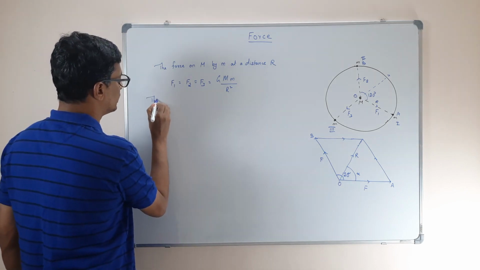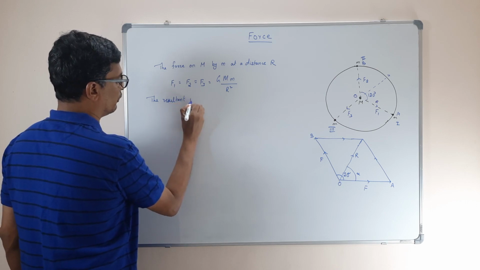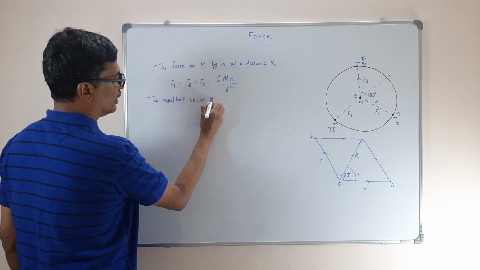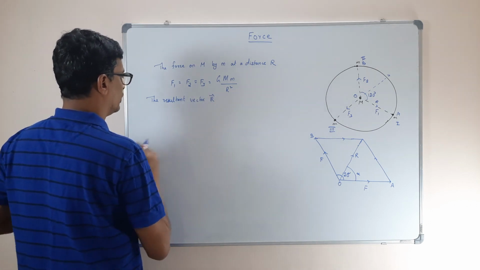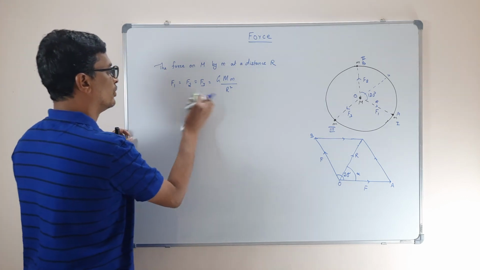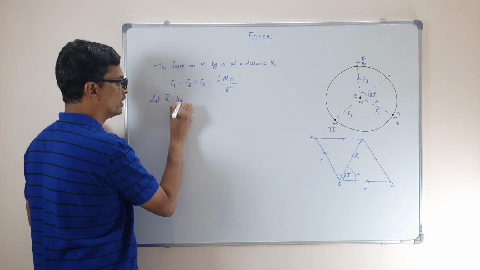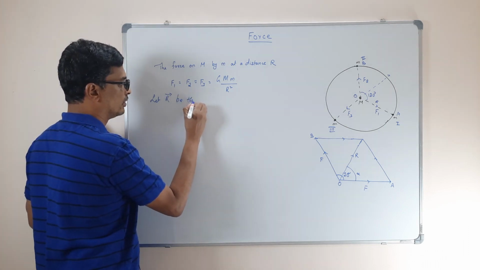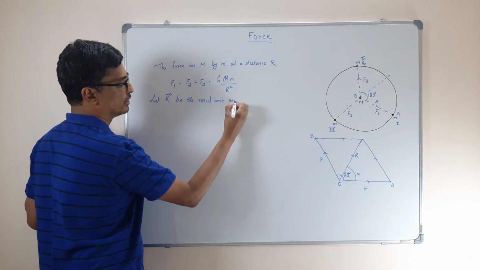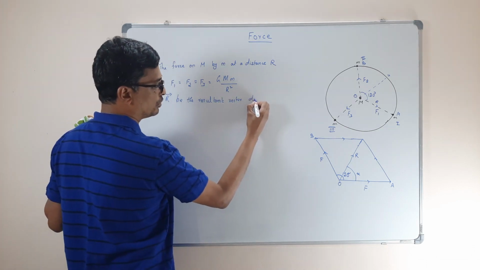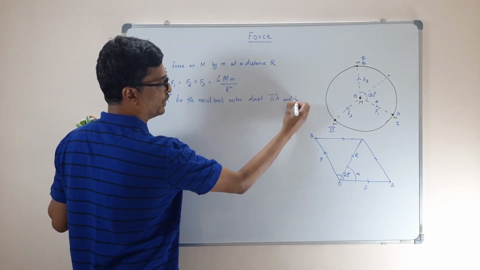The resultant vector R, let R be the resultant vector due to OA and OB.